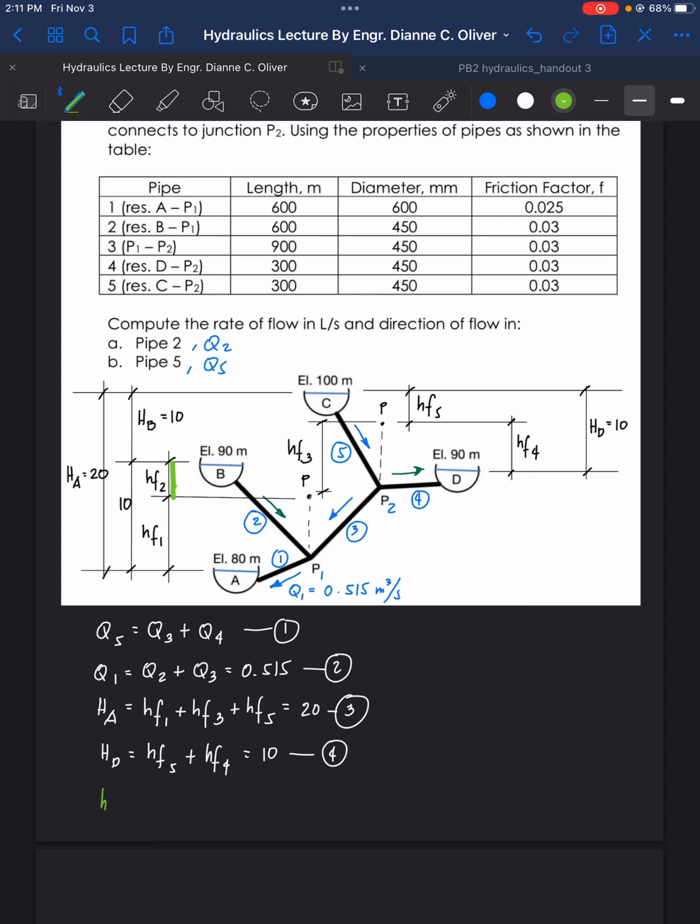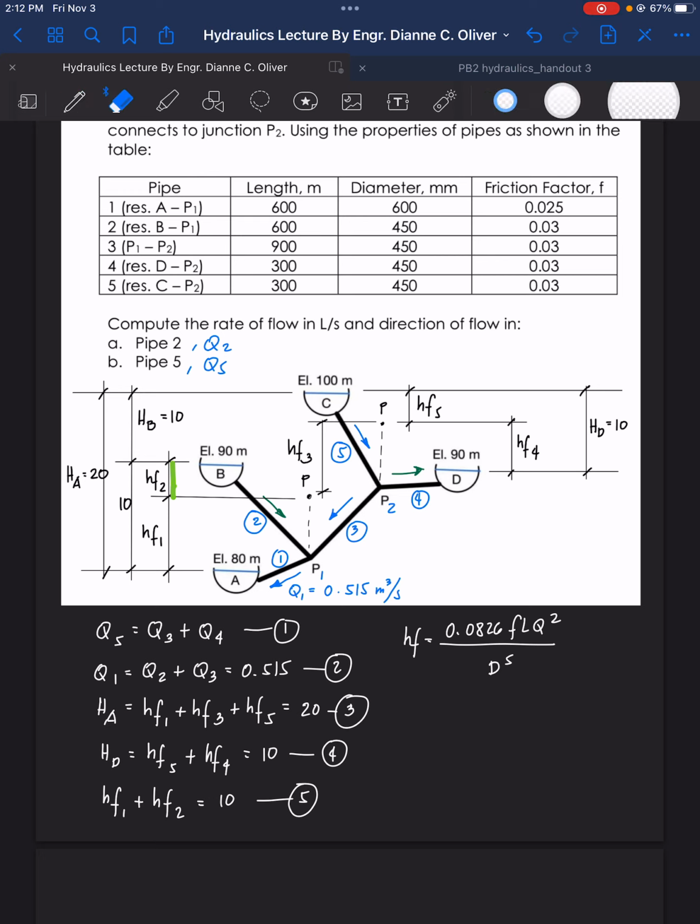So HF1 plus HF2 equals 10. That is equation 5. Since we're using friction factor F here, our HF is equal to 0.0826 FLQ squared all over D raised to 5. So how do we get the value for Q2?